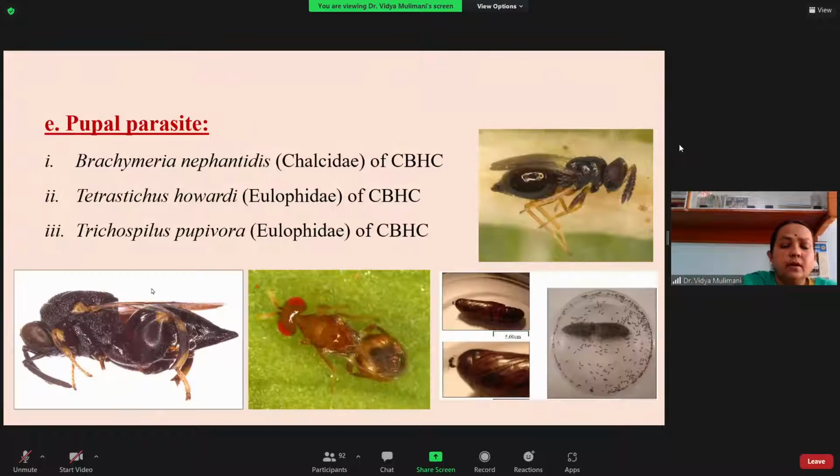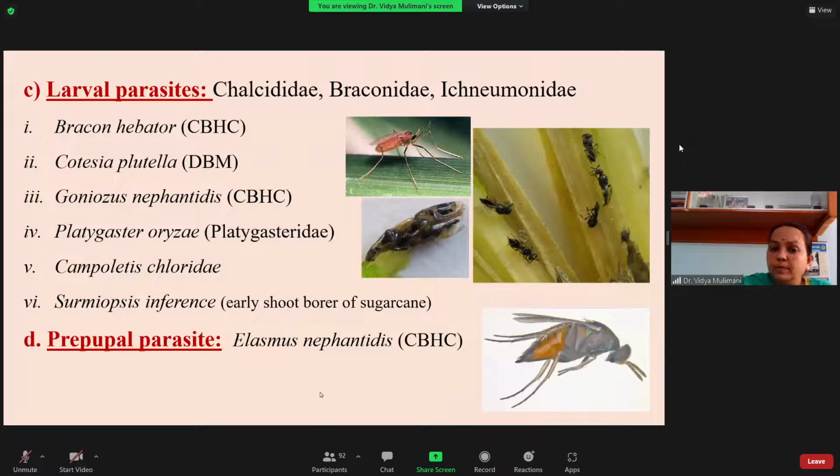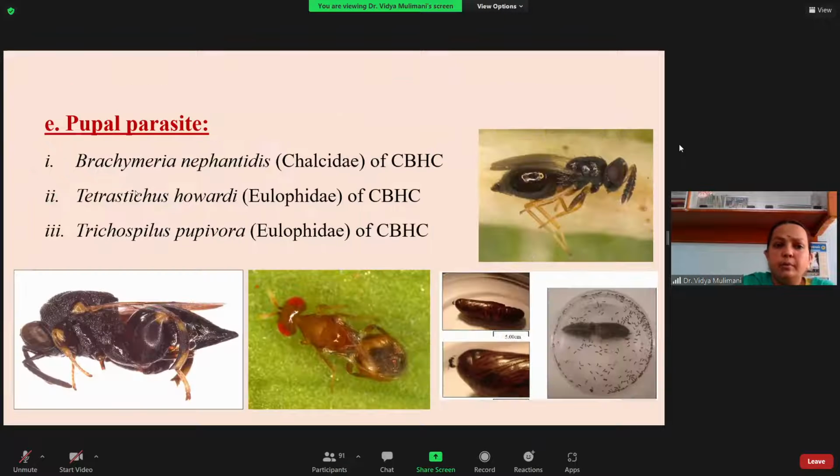Okay. Next here you have the pupal parasitoid. So exactly they are attacking the pupal stage of the insect. Whereas prepupal means it attacks the last instar larva and continues in the pupal stage. Pupal parasite means it is exactly after the caterpillar has gone for complete pupation, they will be attacking the fresh pupa. So here I am giving you many examples.